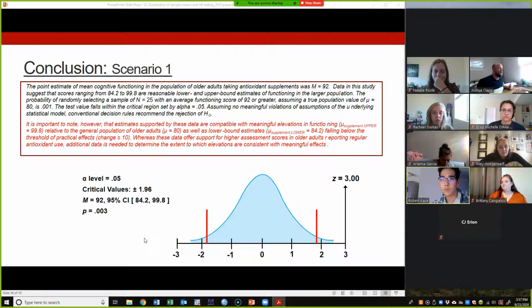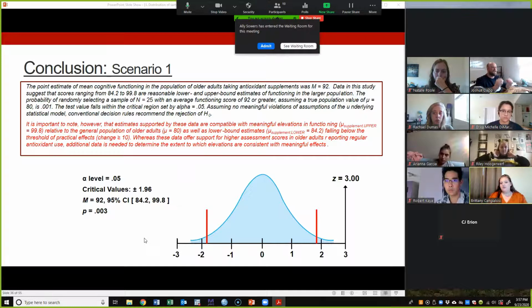But if I went through and grabbed a sample of 100, Brittany, what's that going to do to my interval? It's going to make it get smaller, so the range will be smaller, right? It's going to shrink it down.